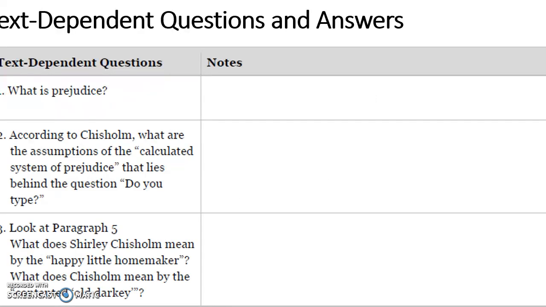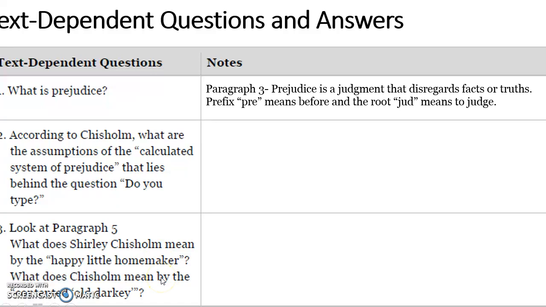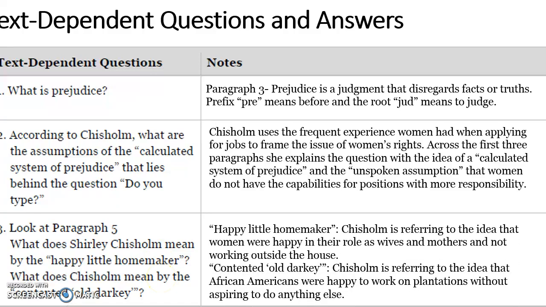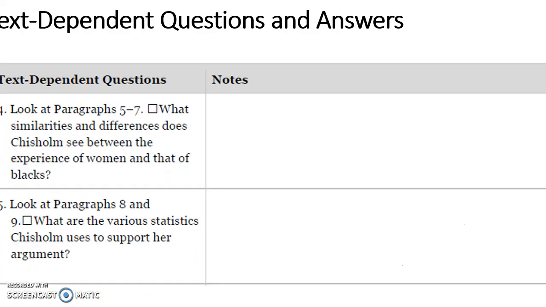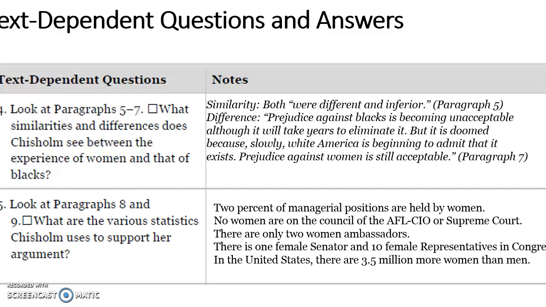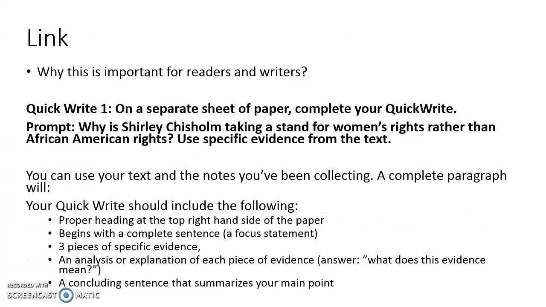Here are some of the text questions that deal with what's going on in the beginning portion of the speech. I have the answers there for them that we talk about after they've spent about 20 minutes doing this on their own. And then we get into just a few more to, again, reiterate them coming up with the key points, the key details, and the summary of each one of these paragraphs.